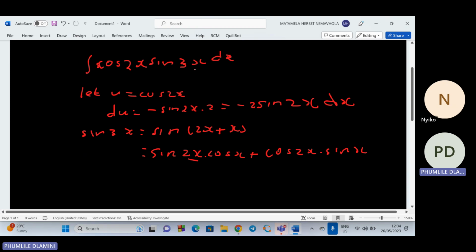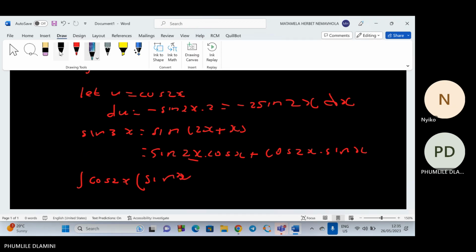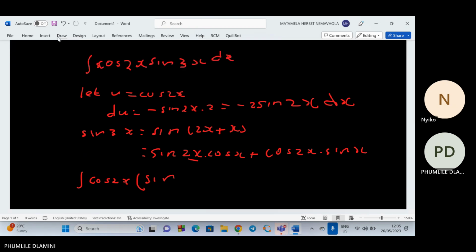So now the integral we are going to work with is the integral of cos 2x times (sine 2x cos x plus cos 2x sine x) dx.